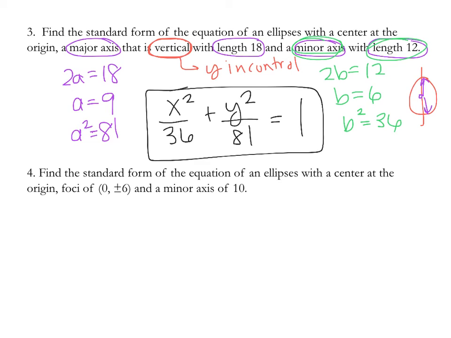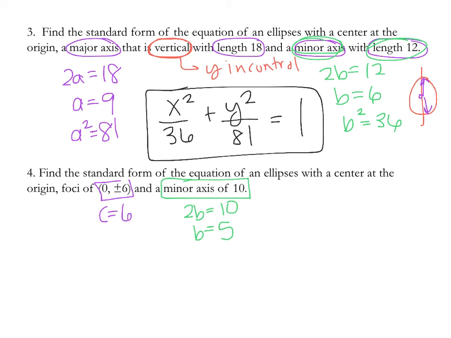All right, number 4 just mixes it up. It says find the standard form of the equation with an ellipse with a center at the origin. Foci, that's going to give me c. The foci are 6, and then it's giving me the minor axis, which is going to tell me b, 2b equals 10, and b equals 5.